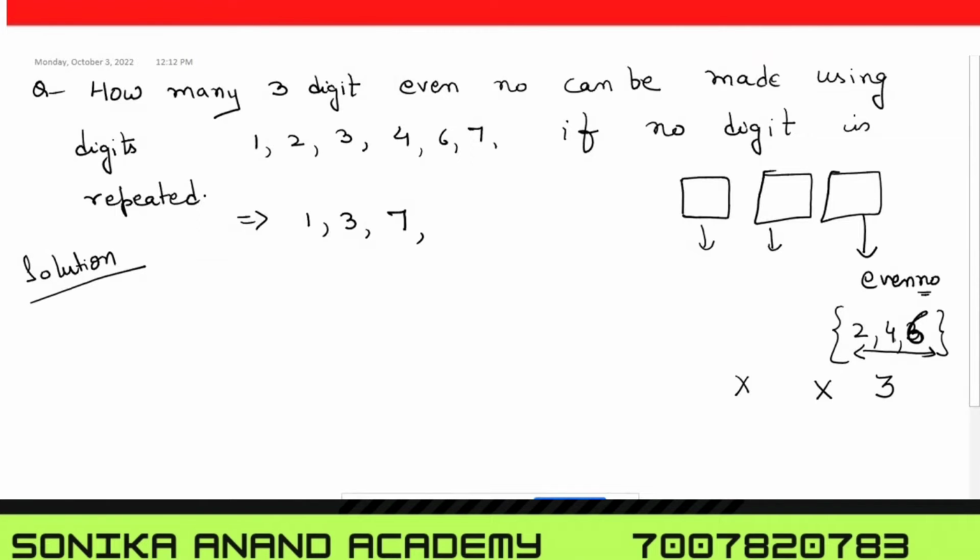Two of them are left. So in the remaining two, we can fill this box. Overall, how many choices do we have? Four choices, because in this box the remaining two will be put. Clear?